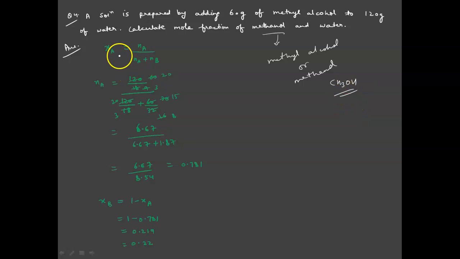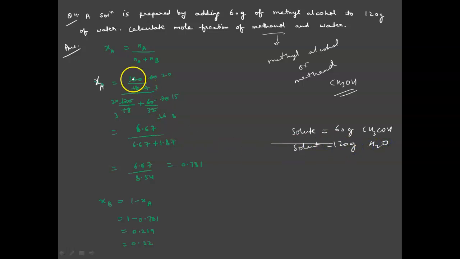So here is the formula of mole fraction. Chi A equal to Na upon Na plus Nb. First of all, calculate the value of chi A. This is chi A. Moles of A. This is solute is 60 gram CH3OH because it is dissolving in water. Solvent is 120 gram water.